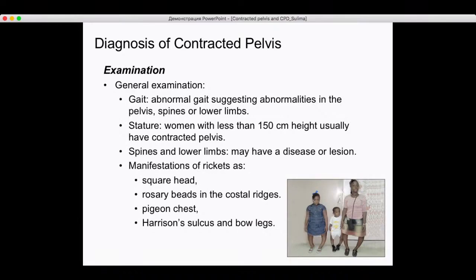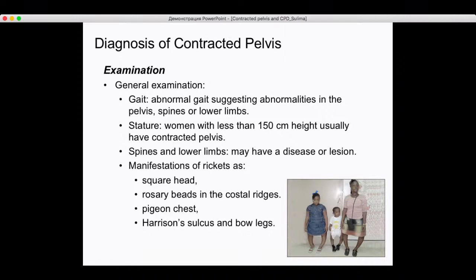General examination. What helps you in the diagnosis of contracted pelvis? Please pay attention to gait. Abnormal gait suggests abnormalities in the pelvis, spine, or lower limbs.